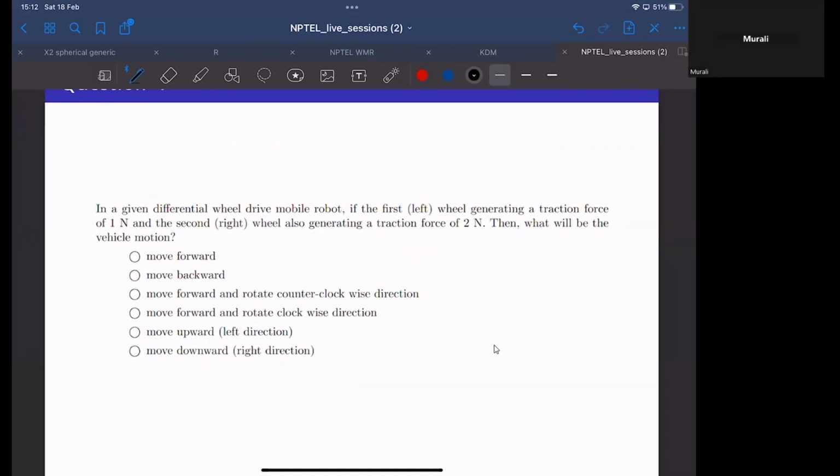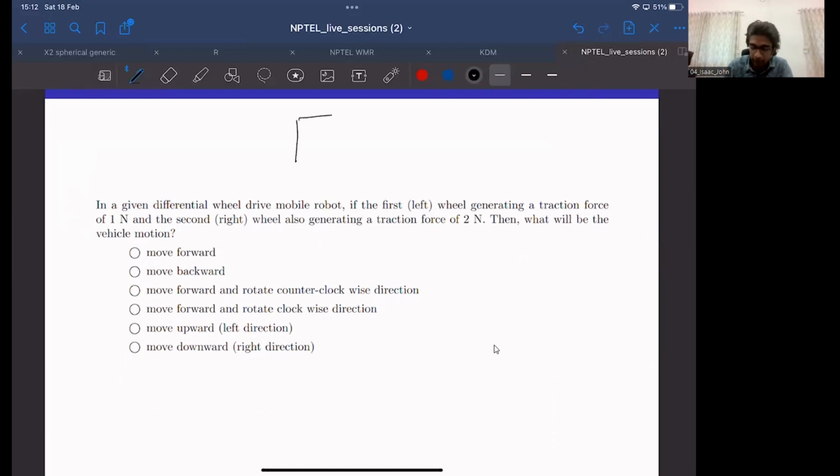Okay. So moving on to the next problem, it is also related to a differential wheel mobile robot. In a given differential wheel mobile robot, if the first wheel is generating a traction force of 1 newton and the second, or right, wheel is generating a traction force of 2 newtons, then what will be the vehicle motion?